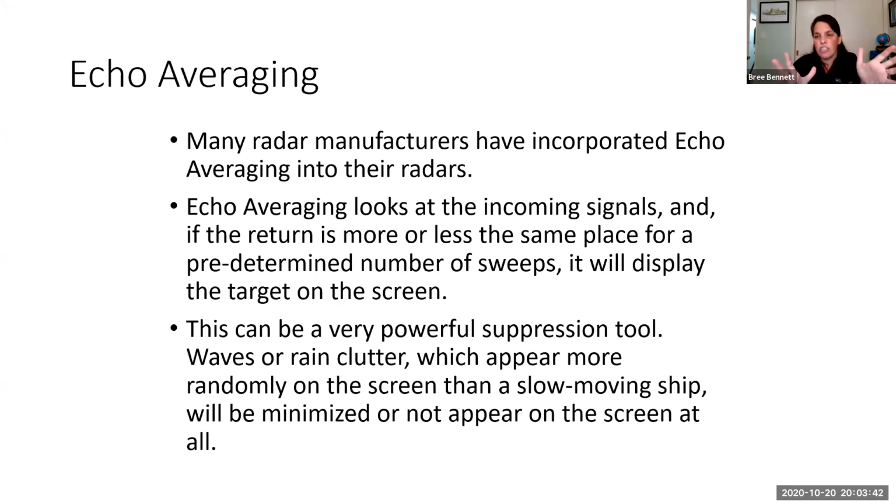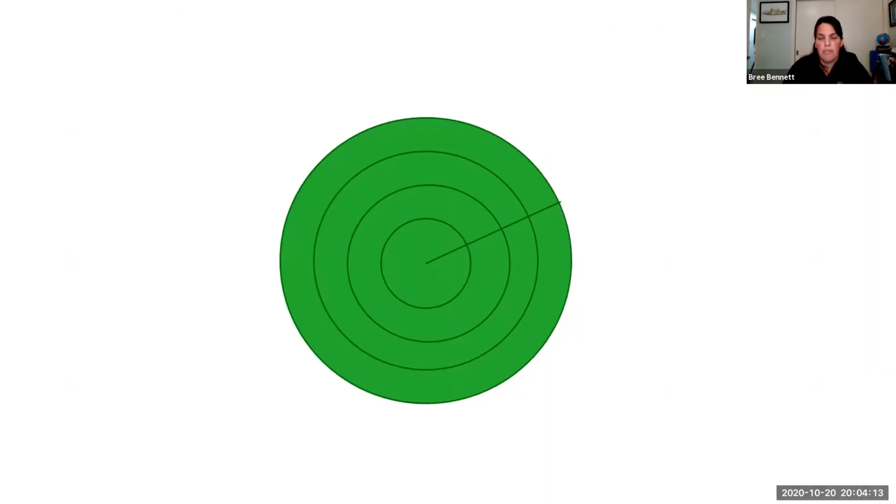Echo averaging is if you didn't have trails on at all, and it's averaging what has happened in the past and giving a weak blip a stronger return, because three sweeps ago it was there, and it gives it a bolder picture on the screen. Got it. Like auto tune. Yeah. Okay.